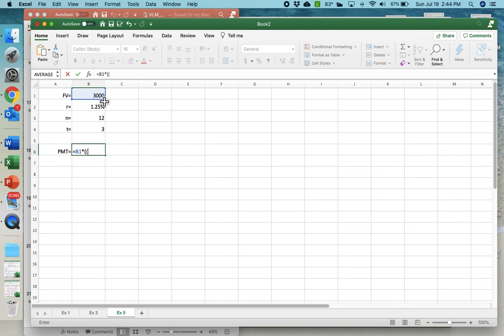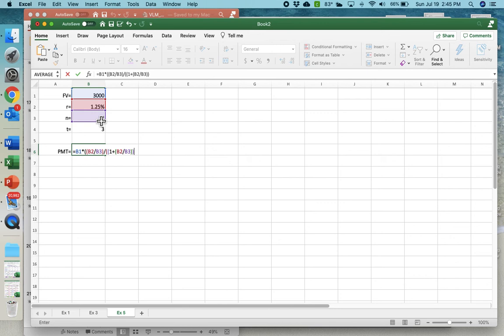Then we need a parentheses around the top, R divided by N. Then we're dividing, and we need a parentheses around everything on the bottom, and a parentheses around our 1 plus R divided by N, so many parentheses.